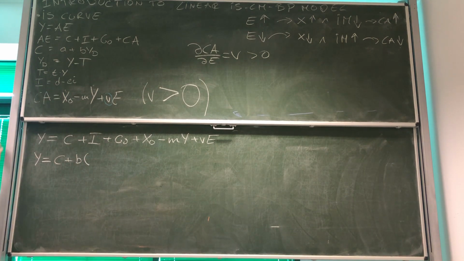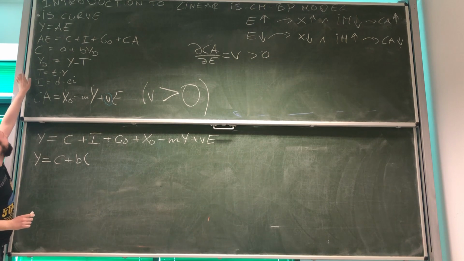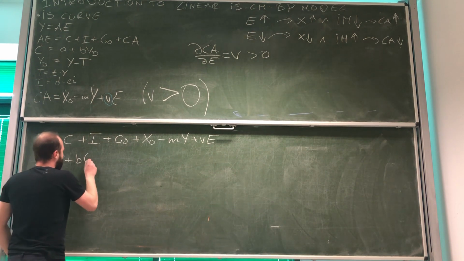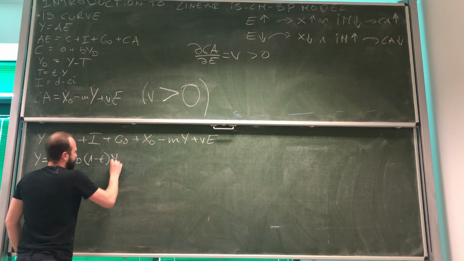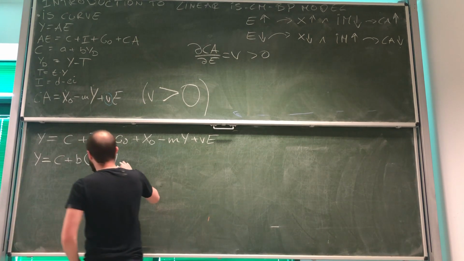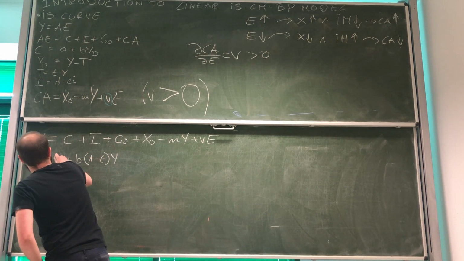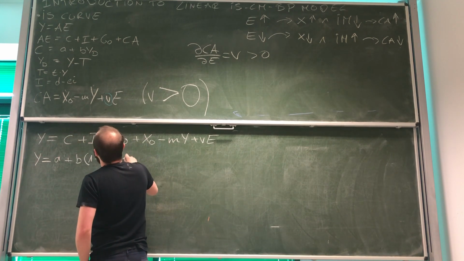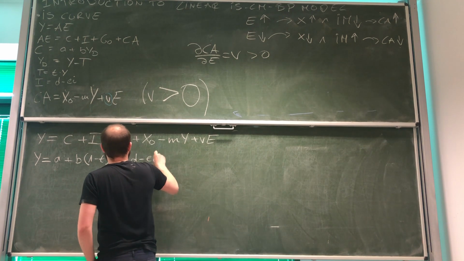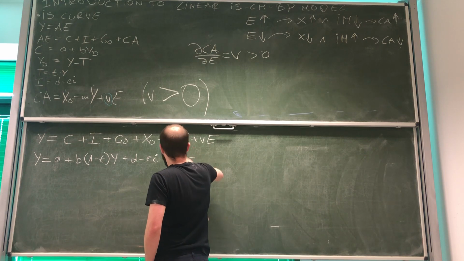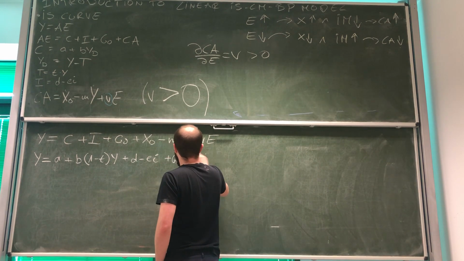And we remember that if I substitute T over here and 1 minus T into YD, I'm going to get B times 1 minus T times Y, right? Of course. And, I'm sorry, it's A. Now, instead of I can write plus D minus AI, and the rest is already here.